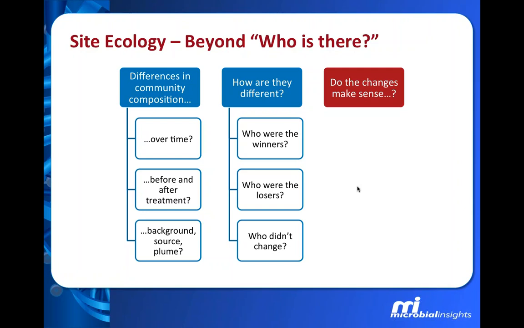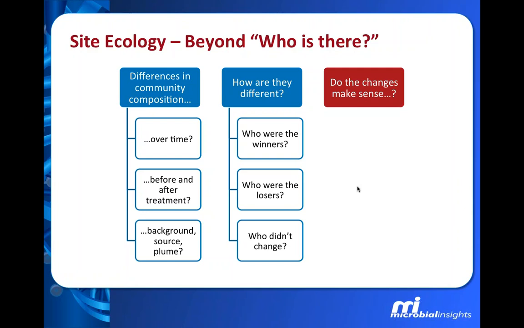Having the idea of who is there is great, but it can only tell us so much. The real power in sequencing, or any community analysis technique, going all the way back to what we were doing with PLFA, lies in making comparisons. We go beyond just who is there by comparing our results and looking for differences in our microbial community between samples.